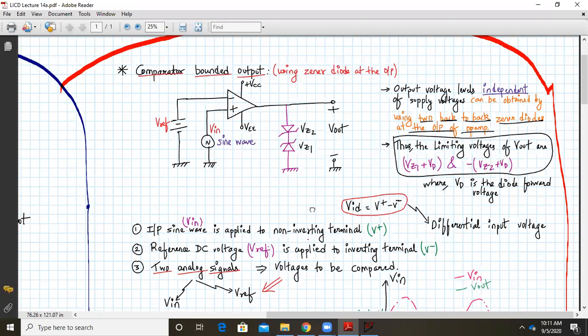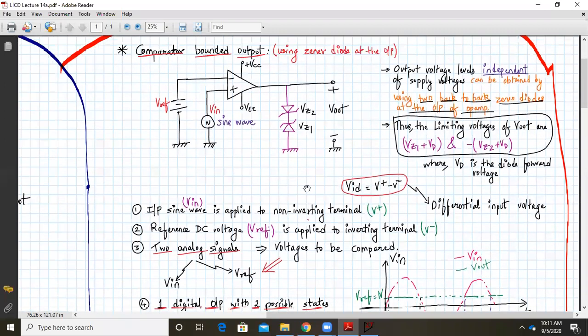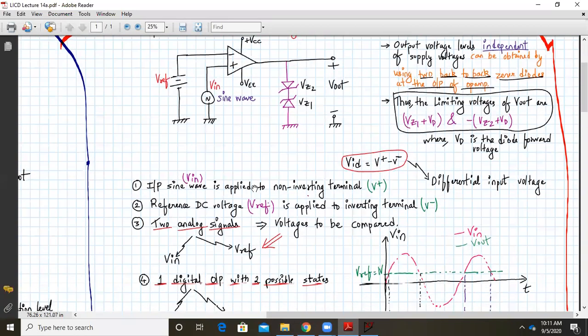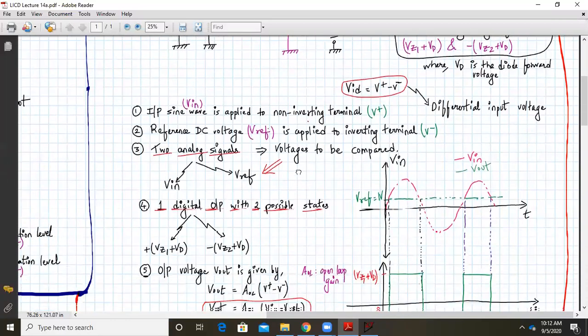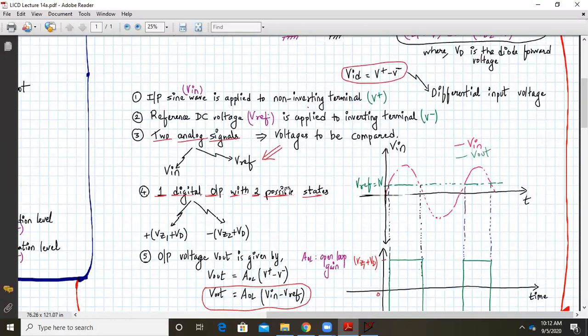Now let us quickly go through the working. VID is V plus minus V minus. V plus is V in, V minus is V reference. Input sine wave is applied to the non-inverting terminal, that is V plus. DC reference voltage is applied to the inverting terminal, and we are comparing the two analog signals, V in and V reference. And right now I have one digital output with two possible states.